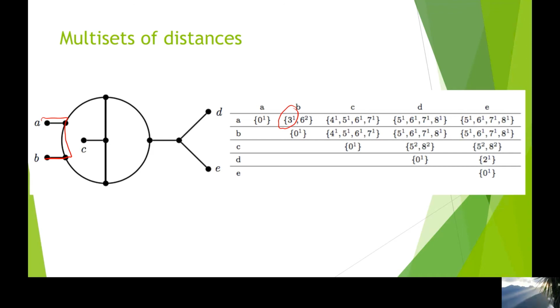In this example, we could go like this between A and B, and then we get a path of length 1, 2, 3, 4, 5, 6. Then we see we also get another path here of length 6 between them.